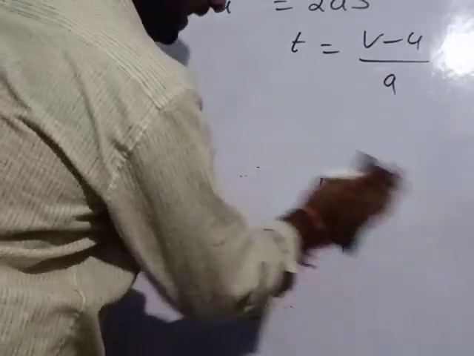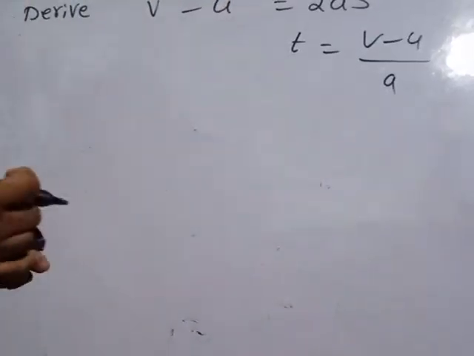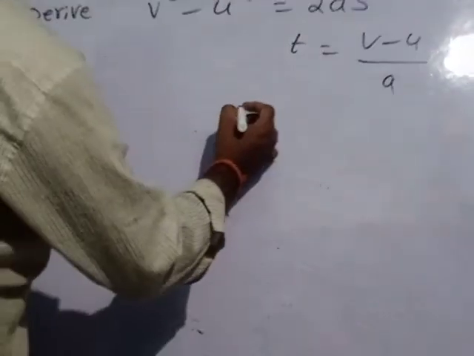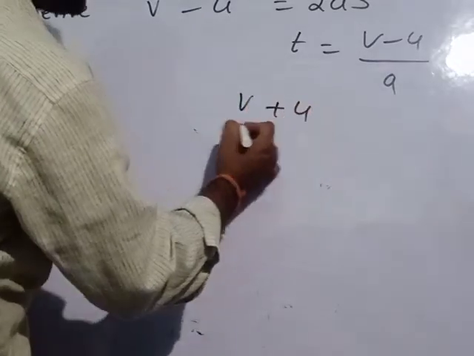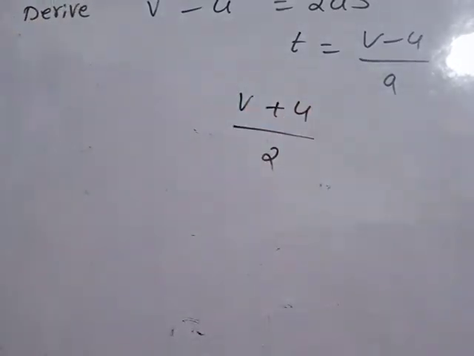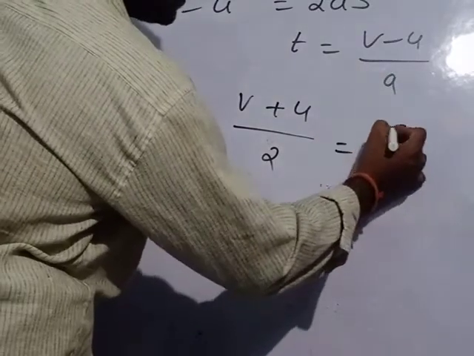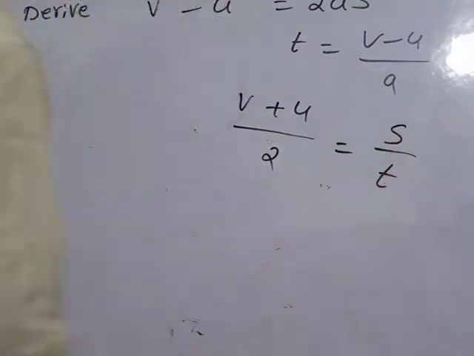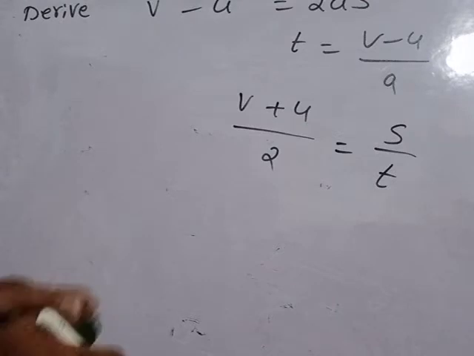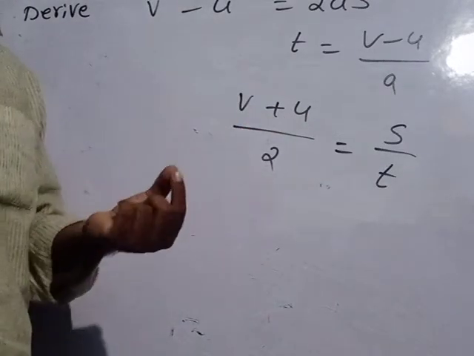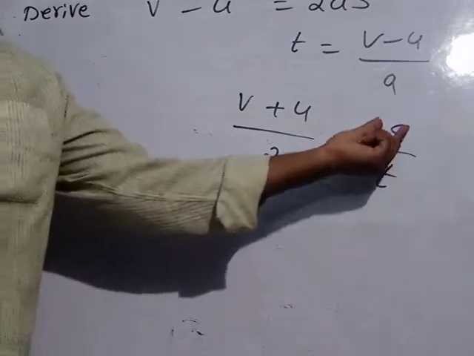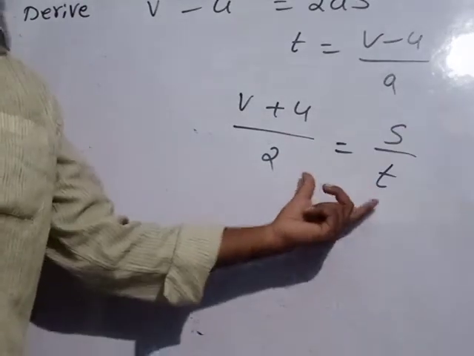But according to velocity, average velocity means simply formula V plus U by 2. But according to definition it is S by T. So first equating both equations. Average velocity means V plus U by 2. According to formula, velocity is equal to displacement by time. Both are equal.